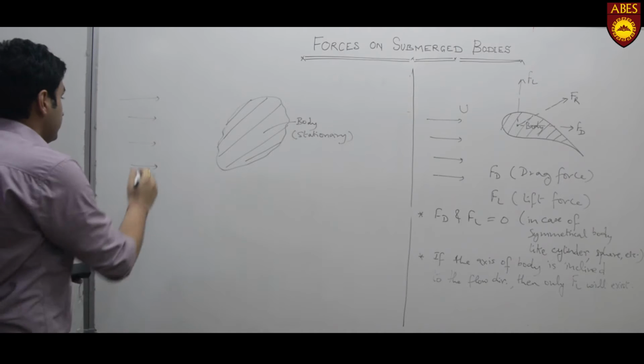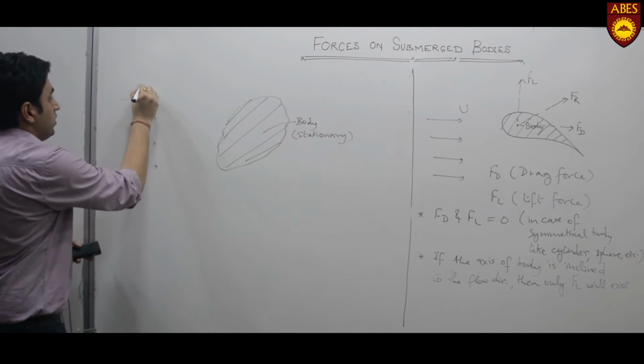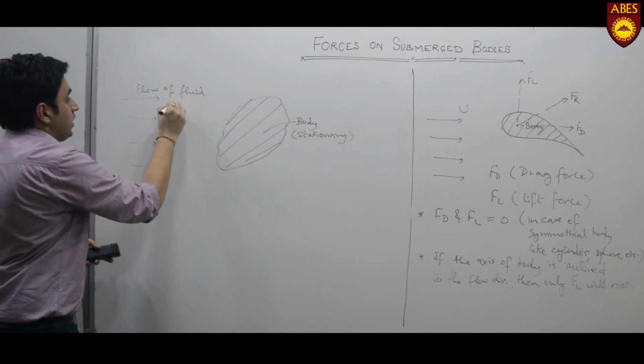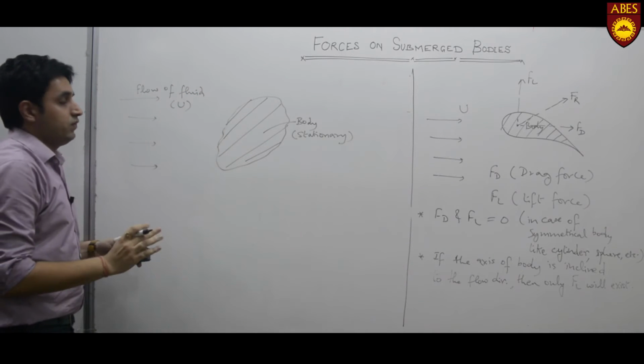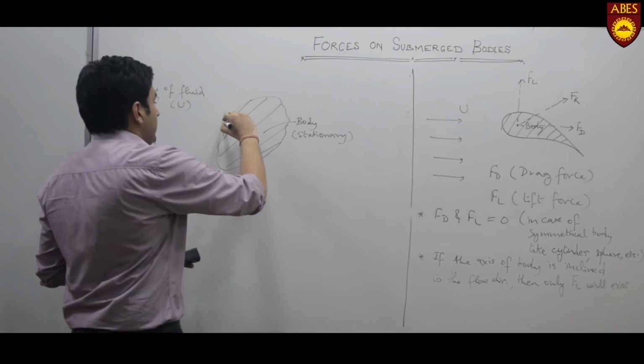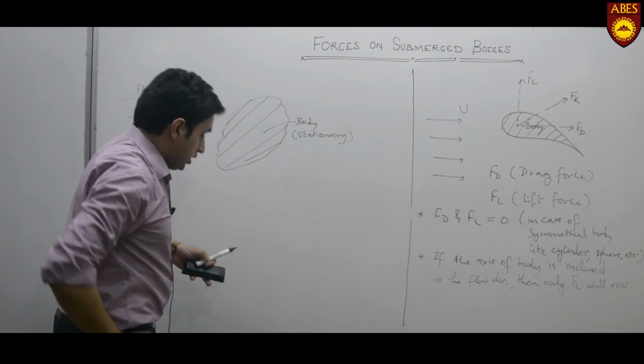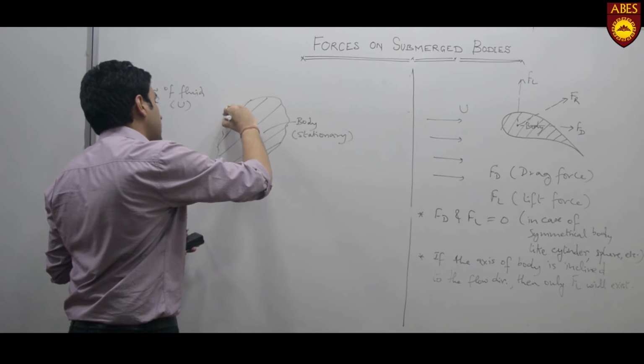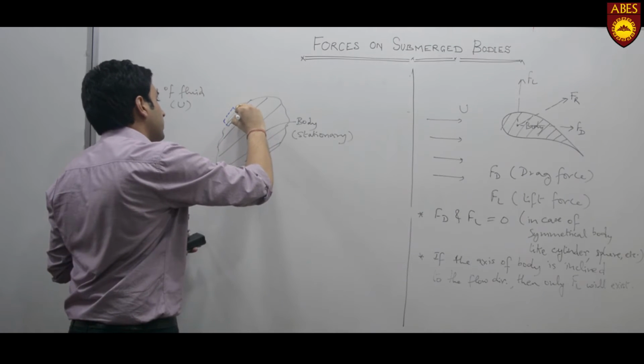This flow of fluid has velocity capital U, that is the free stream velocity. Now we take some arbitrarily chosen small element on this body.